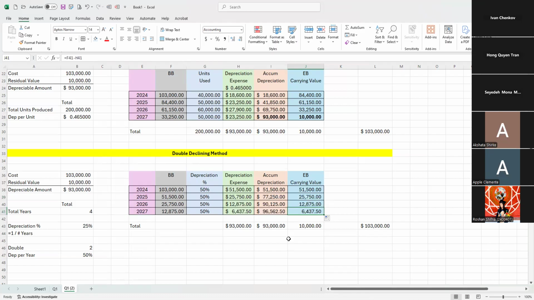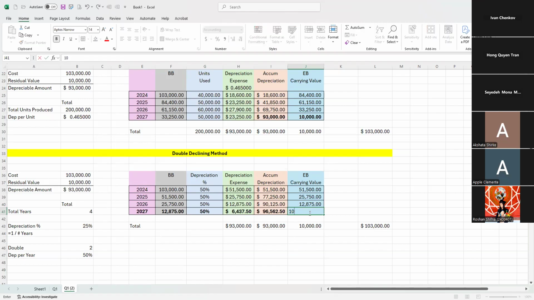Do I have a problem? Yes, I have a problem. On which year do I have my problem? 2027. Year 2027 is my problem. So what do I have to do? I already know. Can I have below 10,000? No, right? And the balance has to be 10,000.